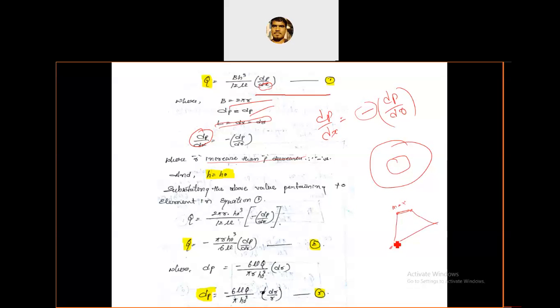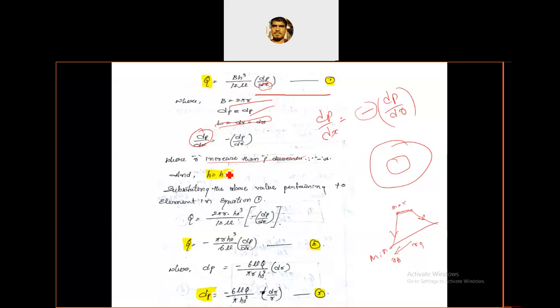So this is the minimum pressure. Pressure decreases when the radius increases from Ri to R0, inside to outside. So when r increases, pressure decreases. That is indicated by this negative sign. That's why I have to write the negative sign.